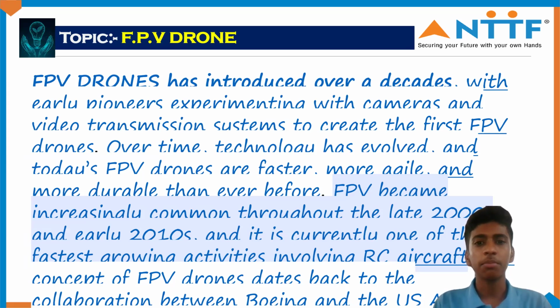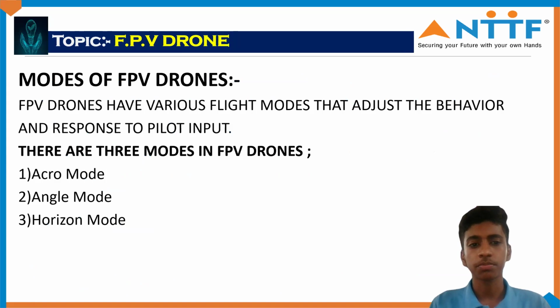FPV drones became incredibly common throughout the late 2000s and early 2010s, and it is currently one of the fastest activities involving RC aircraft. And before starting, I also want to add that the FPV drone was first made by the collaboration of the US Army and the Beijing Army because of the wars.